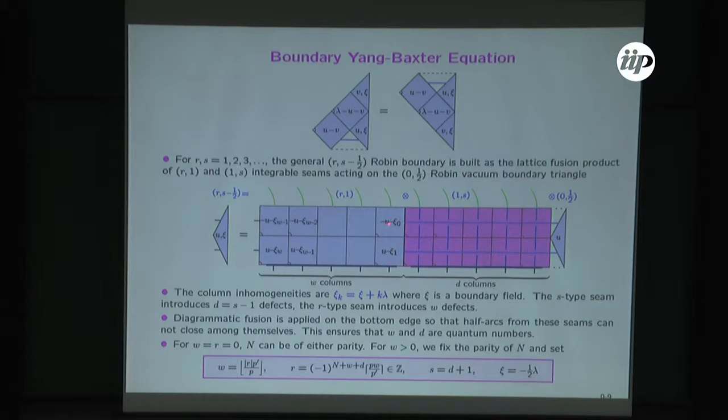And you start with xi1 here and xi0 there. And again, you fuse along the bottom edge to make sure that none of these loop segments close among themselves. The loop segments in the R-type and S-type seams are allowed to close between the two, but not within the single seam.